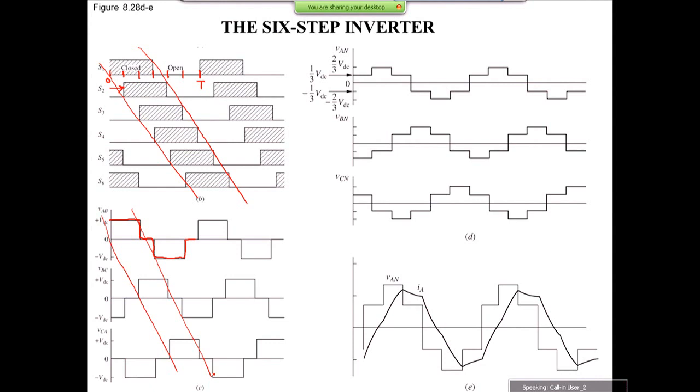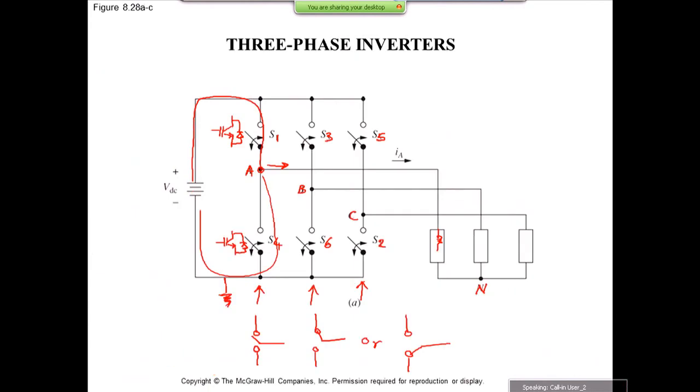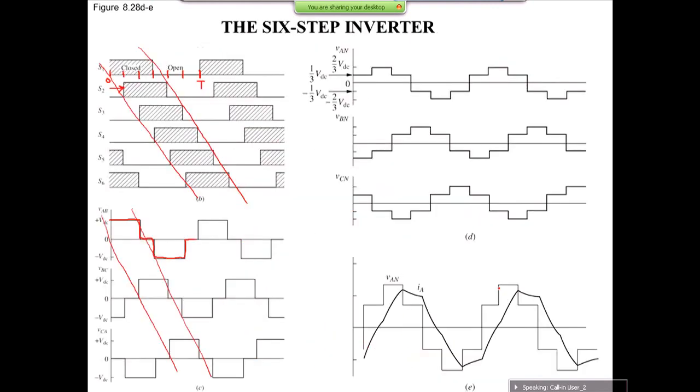If you look at VAN, which is the voltage of point A with respect to the neutral point of the load, it is again a staircase kind of waveform. It looks like this, and the levels are: this level is 2 VDC over 3, and this level is VDC over 3.